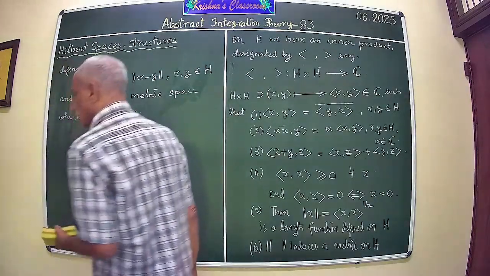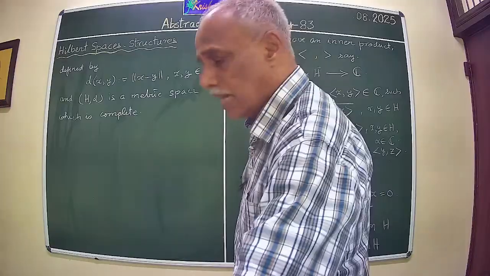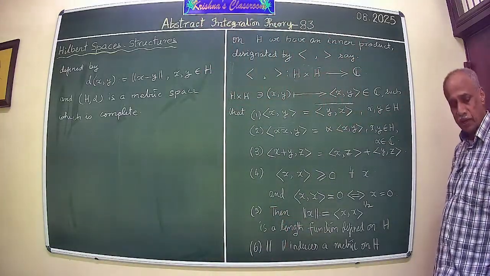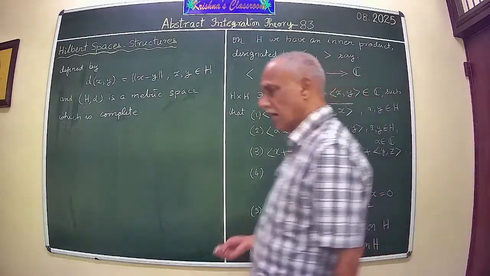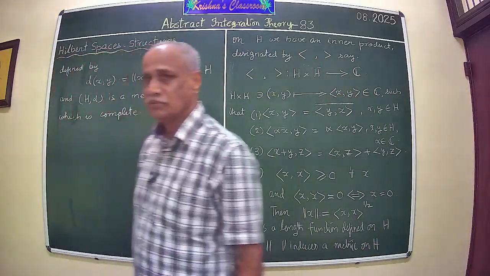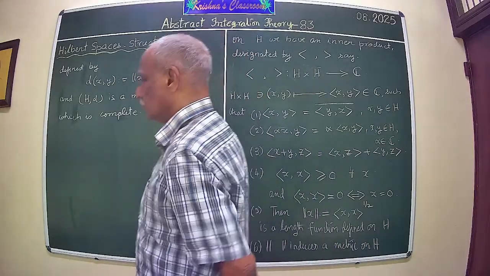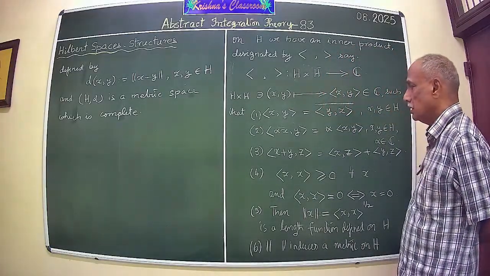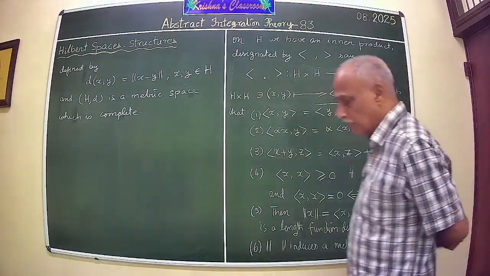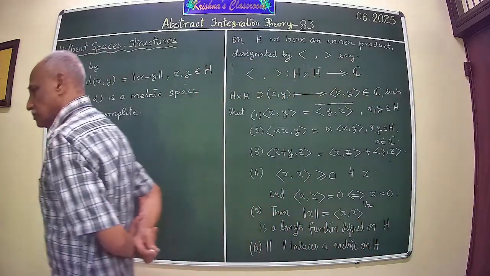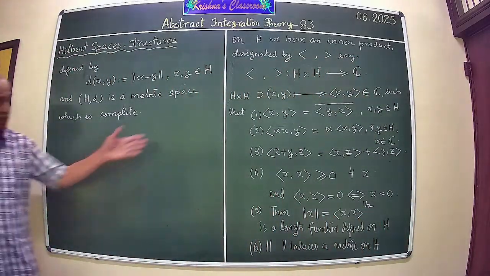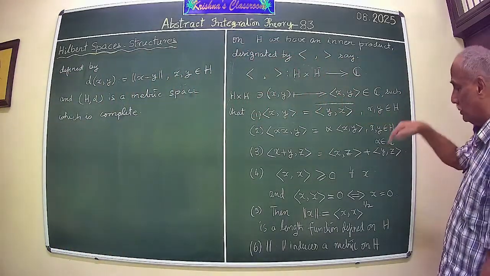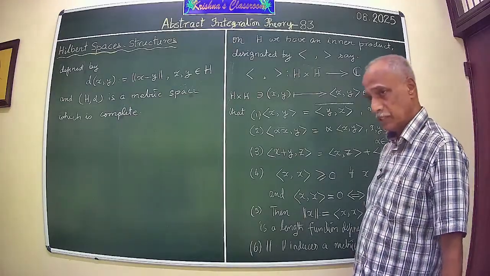So that means H is a real or complex linear space over the fields R or C. Then an inner product is defined on it. As we have listed out the properties of the inner product, the inner product induces a norm on the Hilbert space.